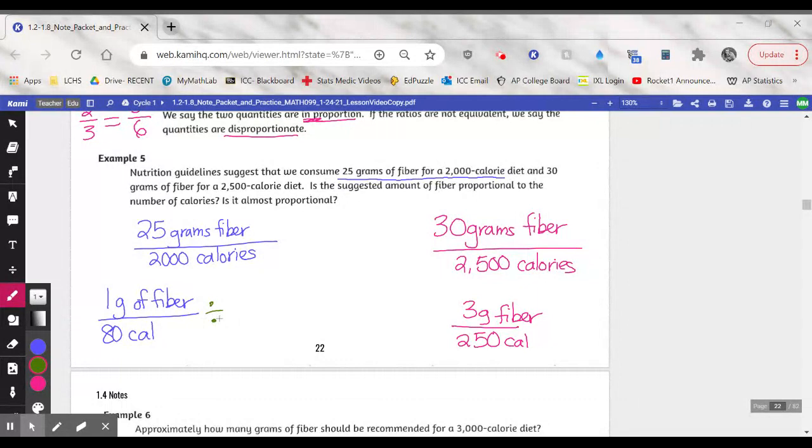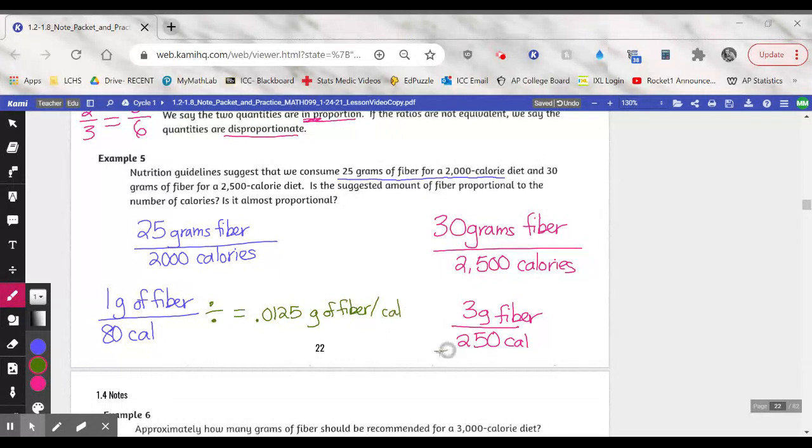You can just take 1 divided by 80 and change it to a decimal, and we get 0.0125. And if we were to interpret that, that would be 0.0125 grams of fiber per calorie.